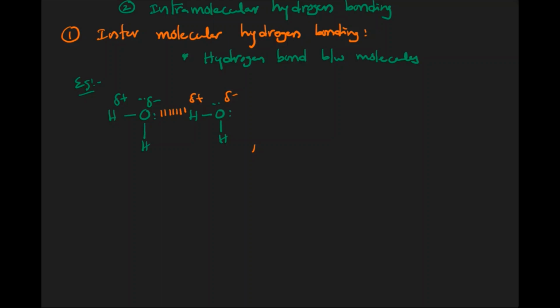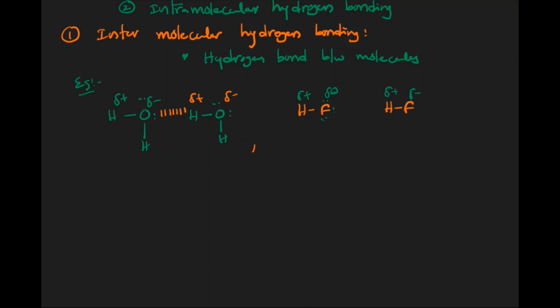Let us take another example, hydrogen fluoride. Here, since fluorine is the more electronegative atom, the shared pair shifts towards fluorine. Fluorine gets a partial negative charge and hydrogen gets a partial positive charge, and in the second molecule again fluorine has a partial negative charge and hydrogen a partial positive charge.